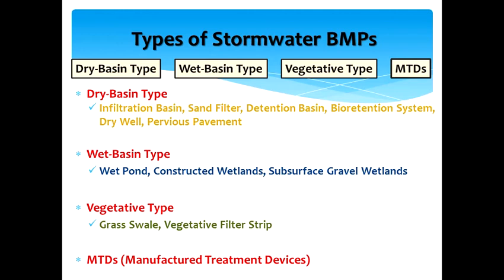For the dry basin type, the stormwater basin normally has no water in it, and the top of the basin bottom is dry if it has not rained in the past 3 days. For the wet basin type, the basin is always filled with collected runoff. For the vegetative BMPs, the top of the vegetative area is normally dry, and water or ponding should not be visible within that area if it has not rained in the past 3 days.